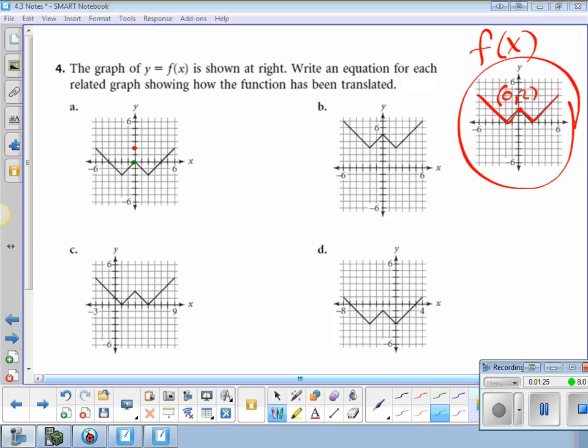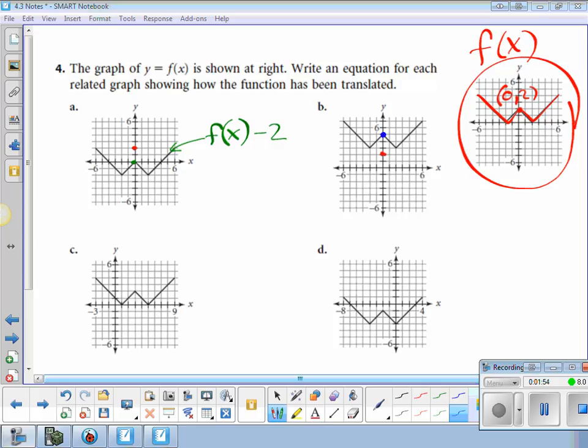Down 2. So this function moved down 2. That's how you write the equation for something that moves down 2. If you don't know what that equation is, you just call it f of x. So f of x is this function machine, and its picture moved down 2. So it's f of x minus 2. The blue one, we used to be at 0, 2.